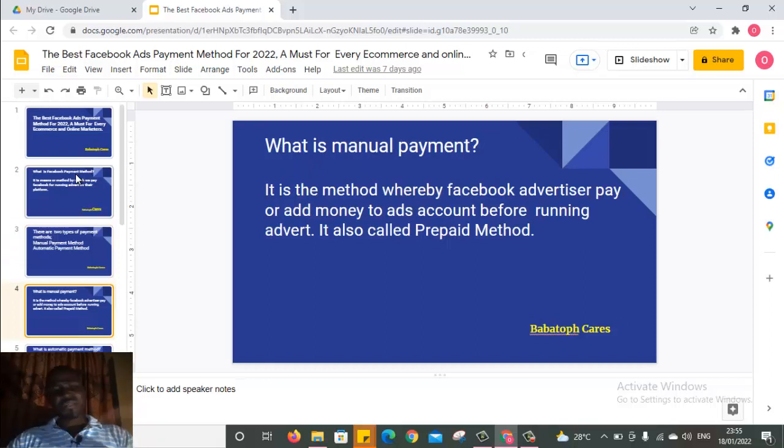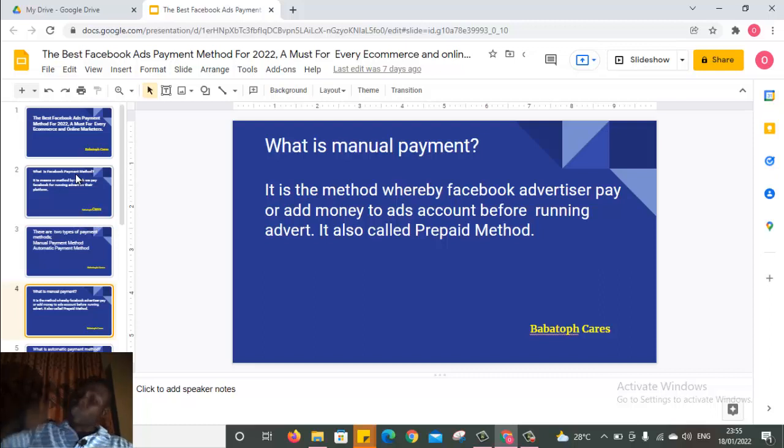So what is manual payment method? It is the method by which a Facebook advertiser pays or adds money to the ad account before running adverts. So when we say manual payment method, we have to take our card. That's what we call manual.